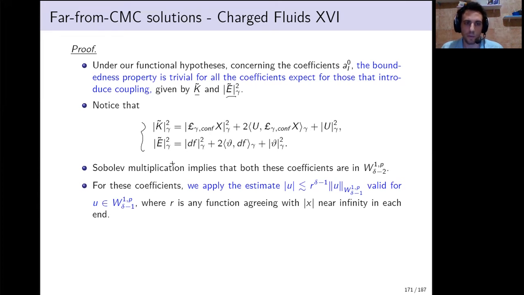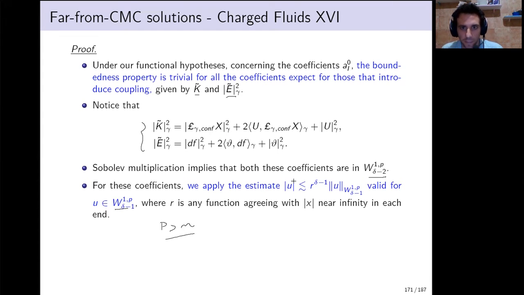Using our functional hypotheses and the multiplication properties of Sobolev spaces, we know that these two coefficients are in these spaces. The idea is to apply these estimates that work for any function, any tensor field, any section u in this space W^{1,p}_{delta-1}, for our choice here, recall p greater than n.